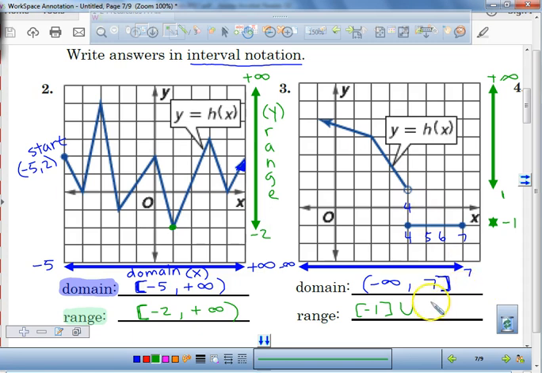Not include. So I have to use a soft bracket. Then I'm going from 1, and now I'm heading towards positive infinity. Now you don't have to put positive infinity, you can just put infinity. But if it's negative infinity, you definitely have to put a negative sign in front of it. It's automatically assumed to be positive. Soft bracket. So that's the domain, that's the range.